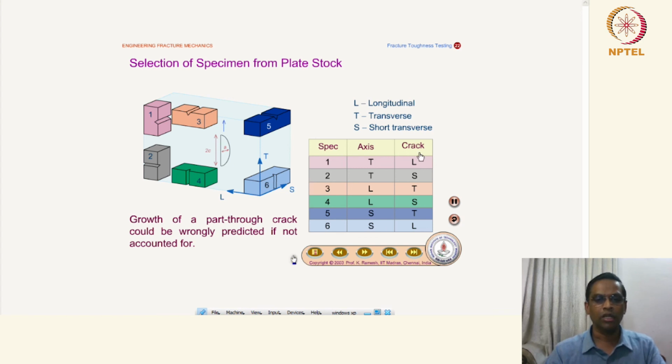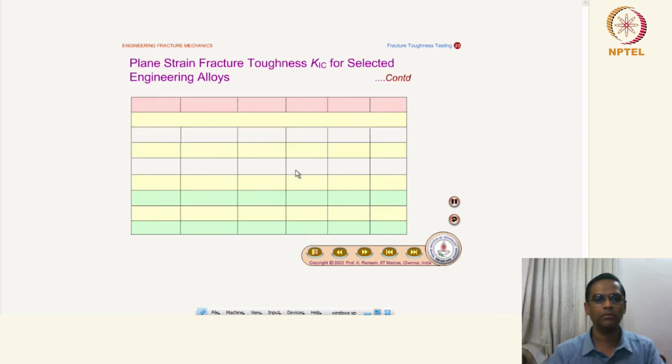This is also given in some of the codes, but just to give an idea of how to take samples in bulk material, and to give you knowledge about the testing as well.